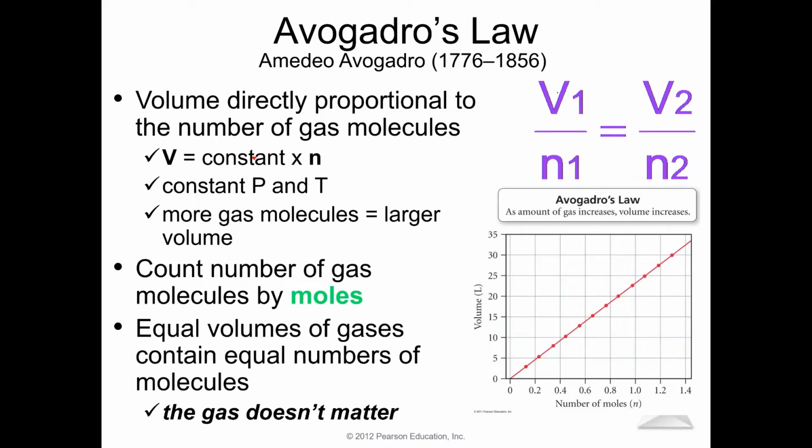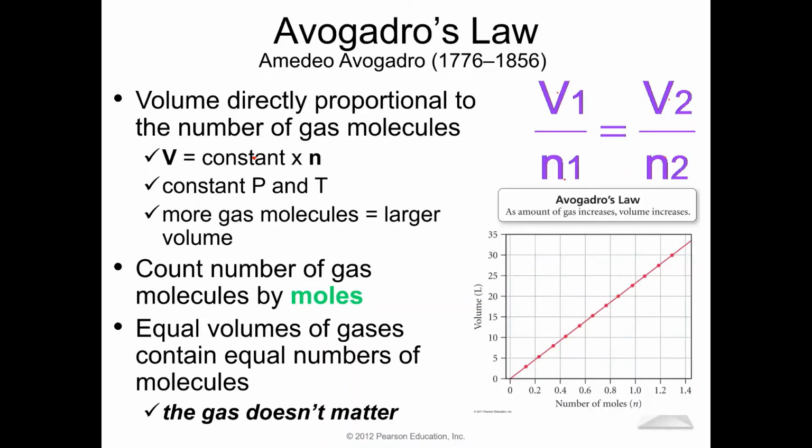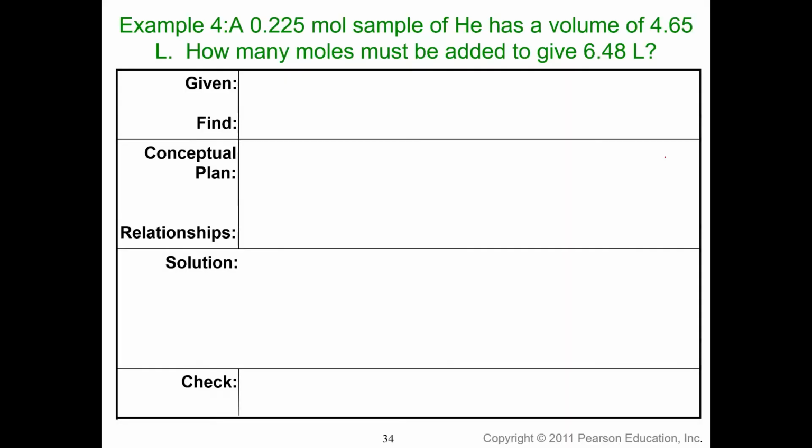So V1 over N1 is constant, V2 over N2 is constant, which are both equal to each other. V1, N1, V2, N2. Again, it doesn't matter which one you call 1 or 2, whichever is easier for you, that's fine.